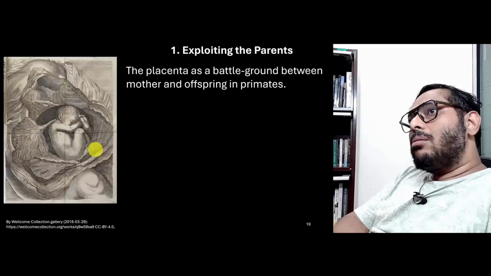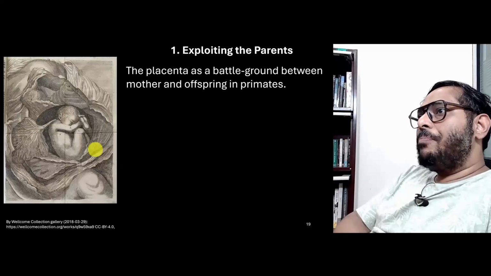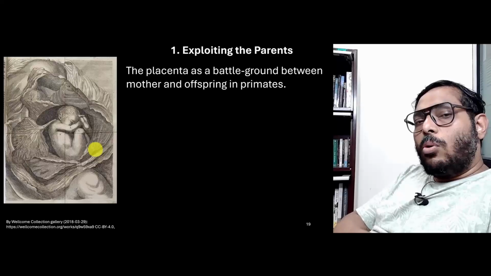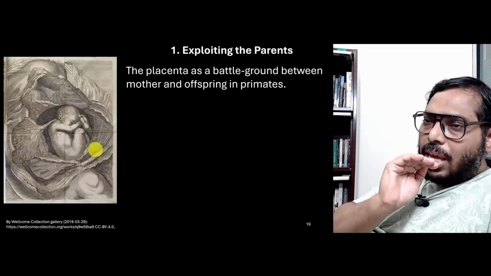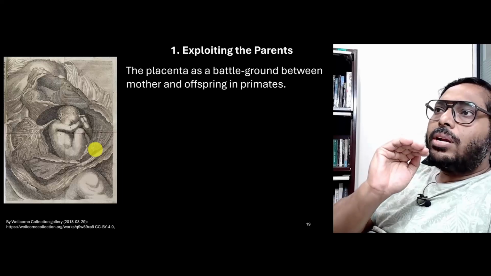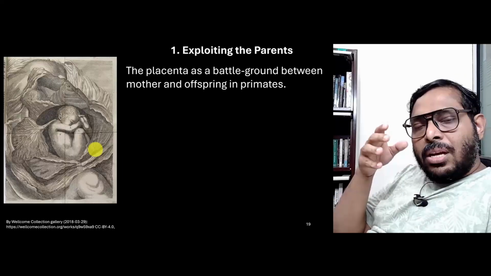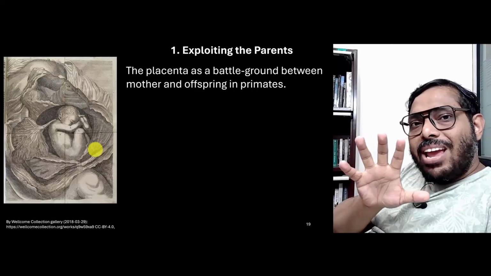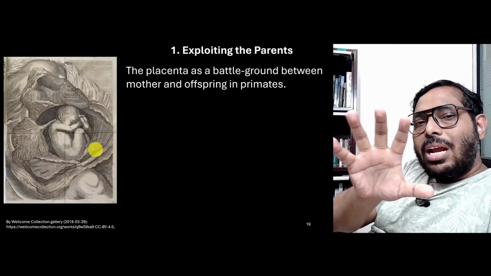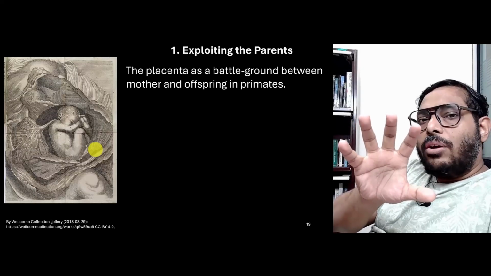So, you know that when a baby is being carried by a human mother, abortion is possible only up to a certain point. If the age of the fetus is beyond a certain point, abortion is no longer advised. Why? That is because the placenta, as I told you, goes and invades the mother's uterine wall and its arteries in such a way that essentially the mother has no control now.